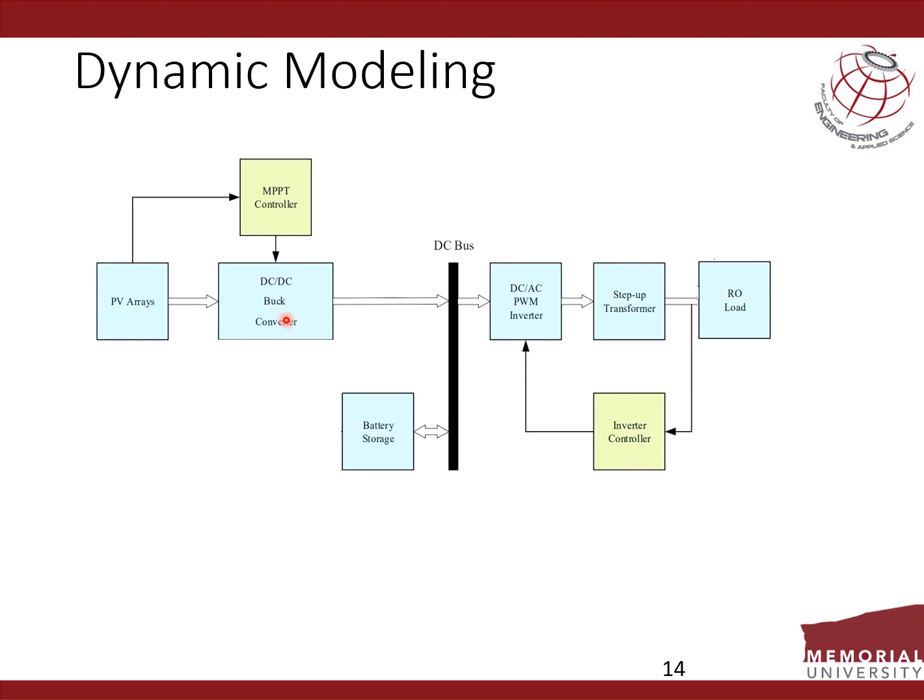The main purpose of this block is to decrease the output voltage of our PV to be suitable for our battery system. The DC bus voltage, as mentioned in previous slides, is 48 volt, so we have to step down the voltage of the PV system. This task is done by the buck converter.